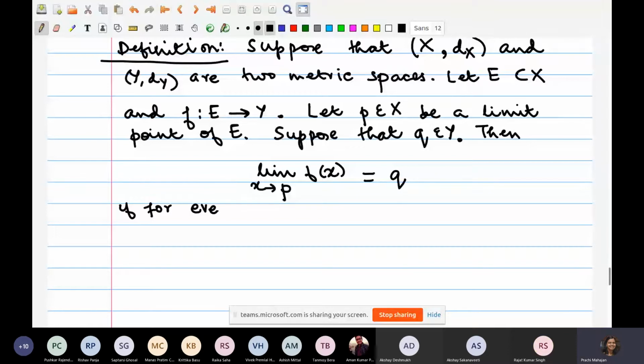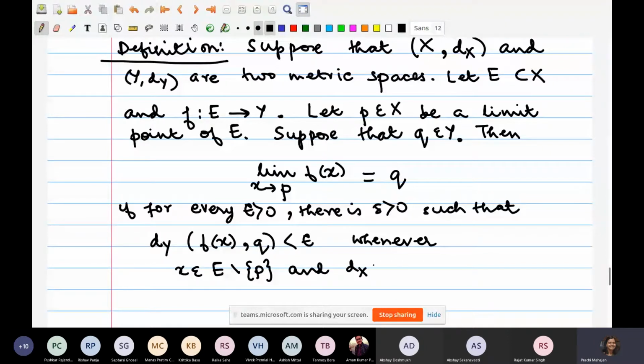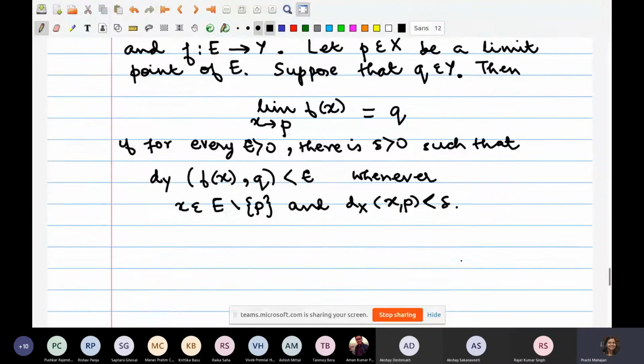If for every epsilon positive, there is a delta positive such that the distance in Y between f(x) and q is less than epsilon whenever x is a point of E different from p, and the distance between x and p is less than delta. Okay.